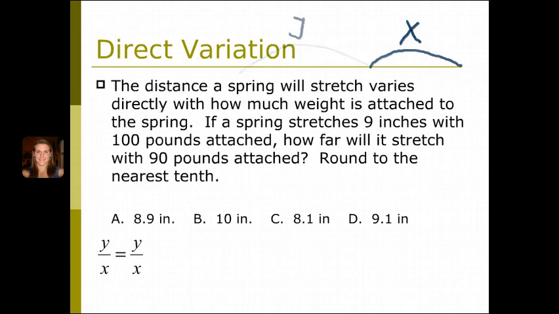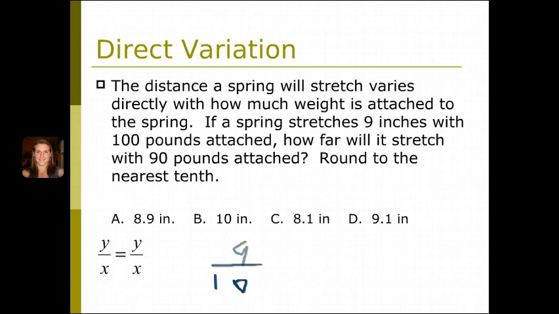We're comparing our y, which is distance, over the weight, which is our x. So if we say distance over weight and it tells us that the spring stretches 9 inches, inches is a distance, so we have 9, and it says 100 pounds, 100 pounds is a weight, so we should have 9 over 100.